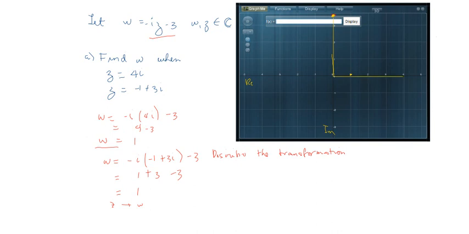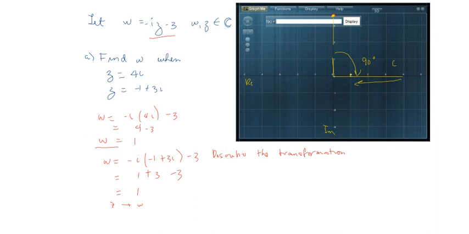Okay, so this gives you a transformation of 90 degrees clockwise. And then from here it moved 3 steps, 1, 2, 3.